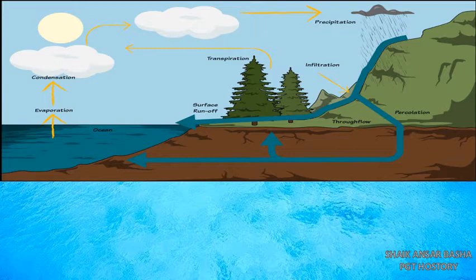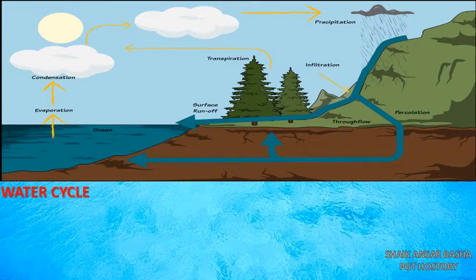One is evaporation. Due to the intense heat of sunlight, the water becomes vapor and is added to the atmosphere. There they form clouds due to condensation, and then in the form of precipitation, snowfall, rainfall, drizzle, hailstone, they come down again.